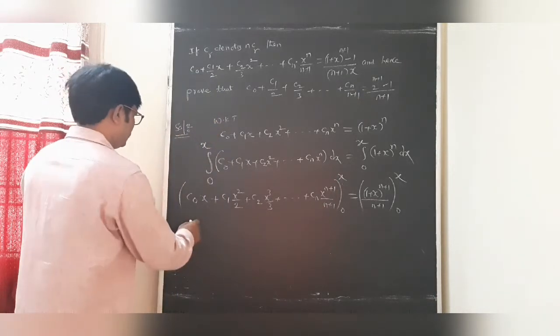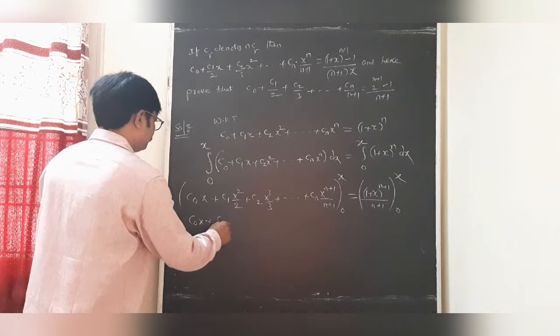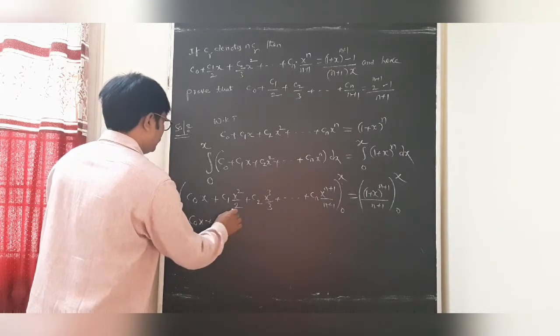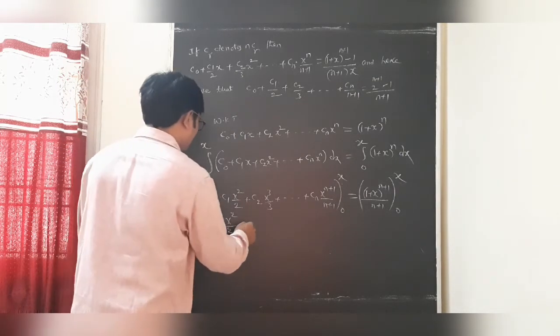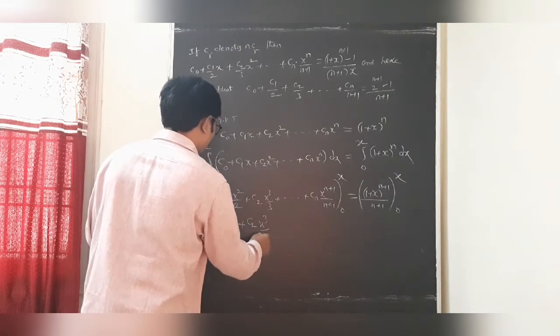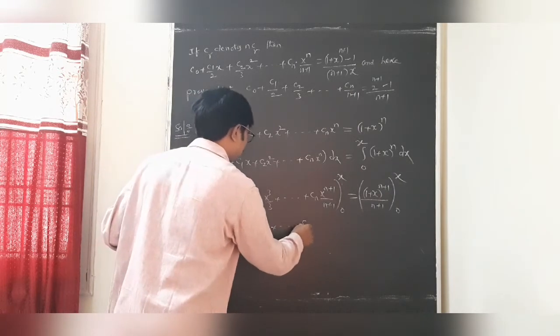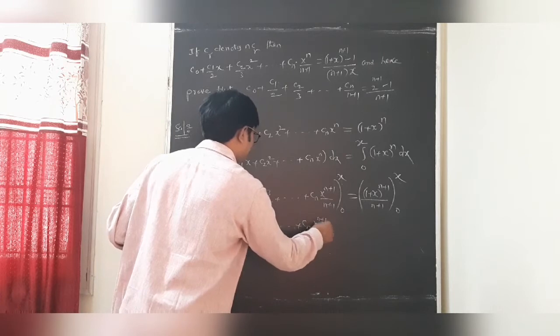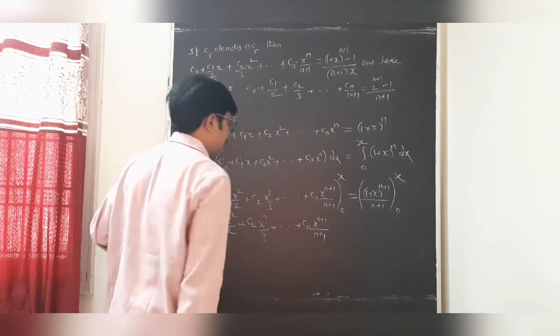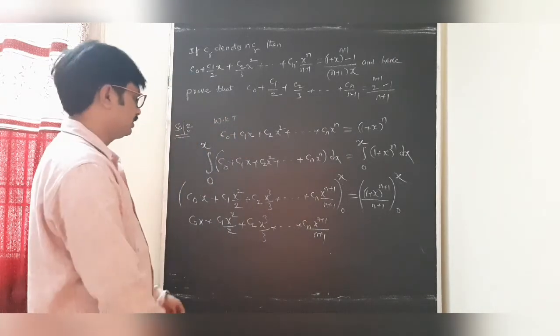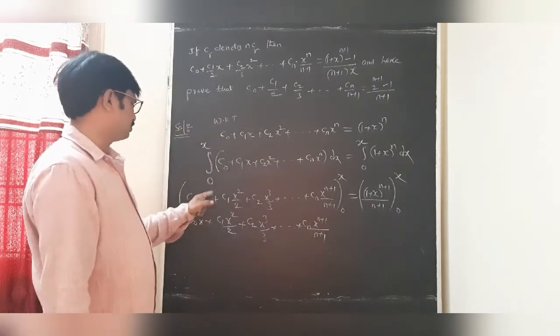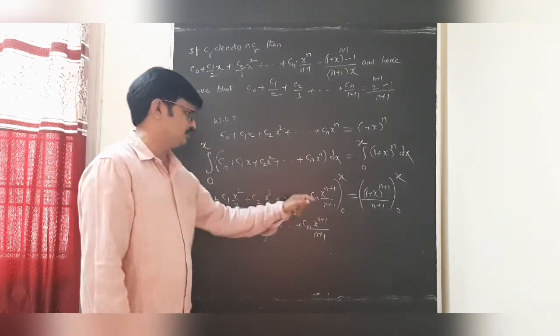This is C0 x, C1 x² by 2, after that C2 x³ by 3, and Cn x^(n+1) upon n + 1, minus substituting x as 0, that is 0, all terms 0.